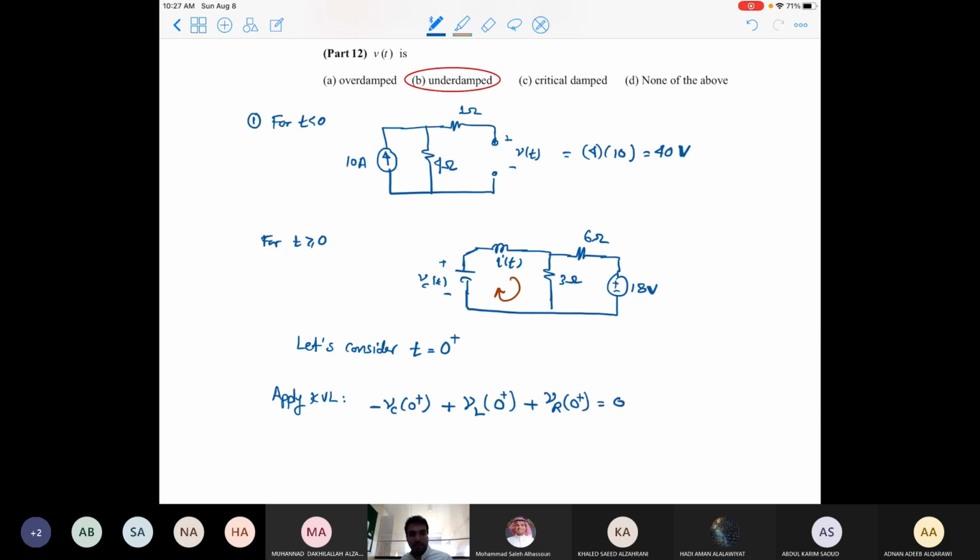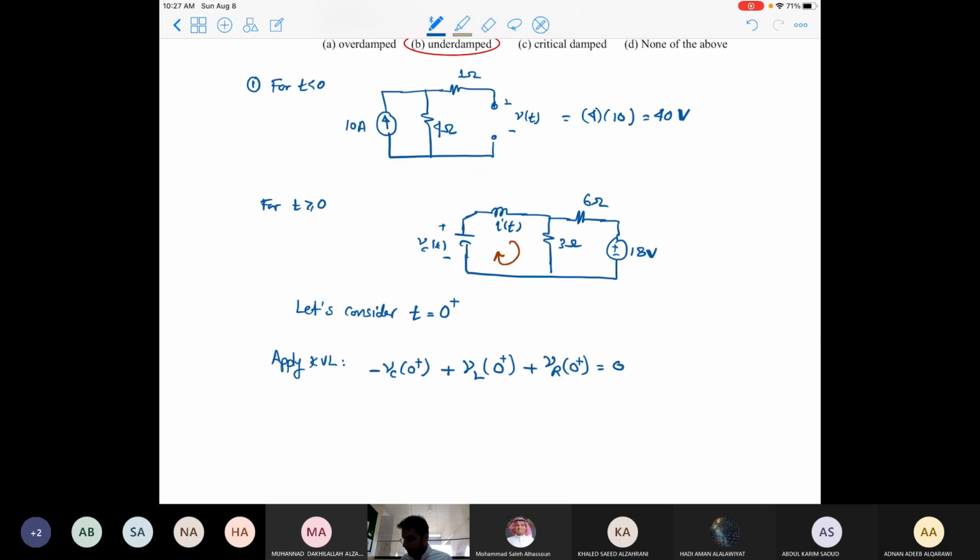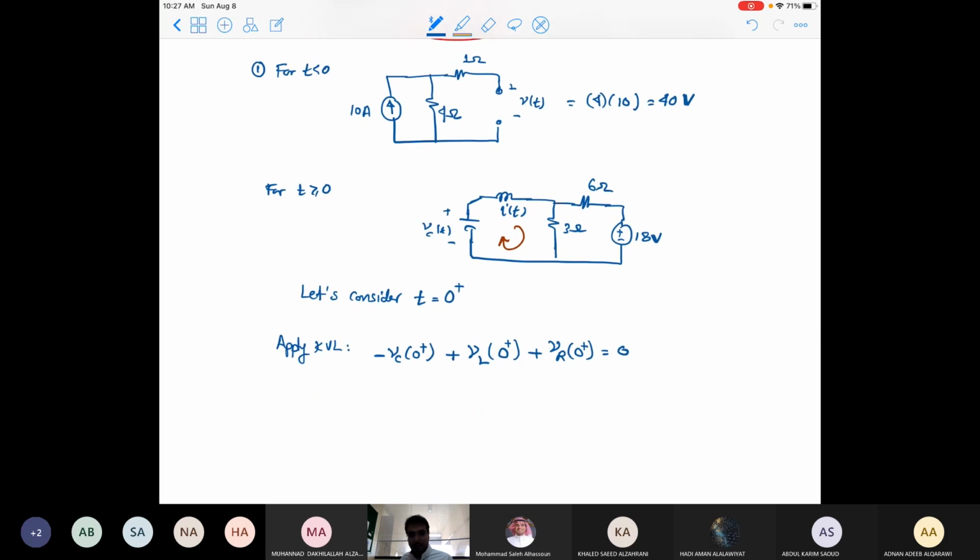We all agree on this, right? So now let's see what is this quantity here. Remember, we have a capacitor, so the voltage across the capacitor cannot change instantaneously. So if we go back here, we see that this is V0. So this one is 40.